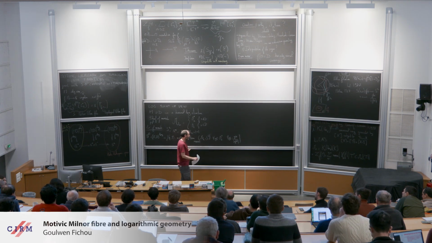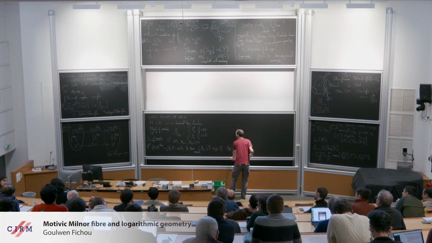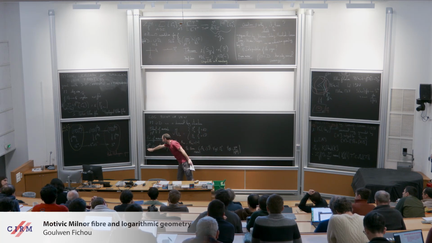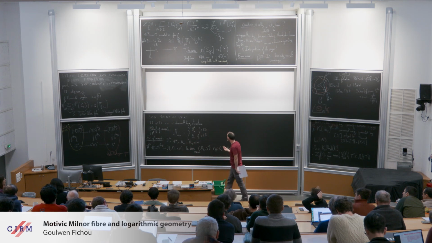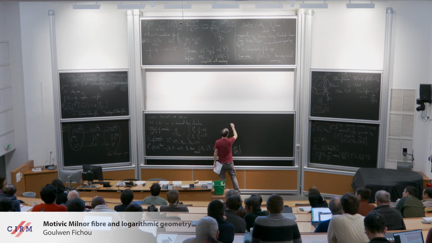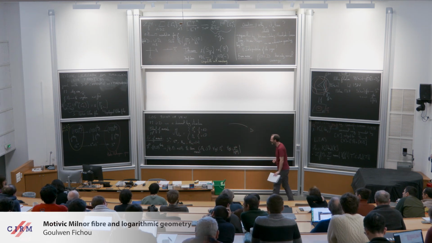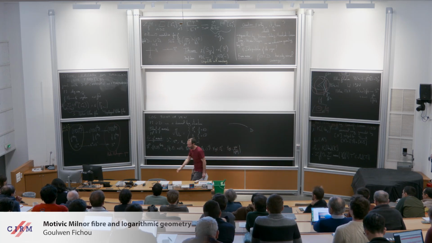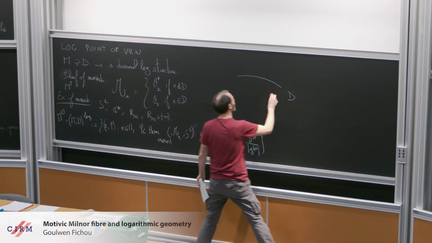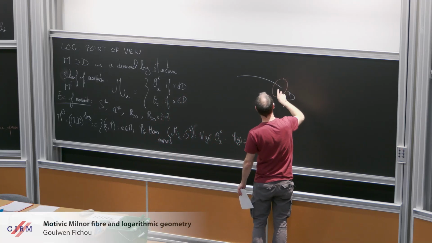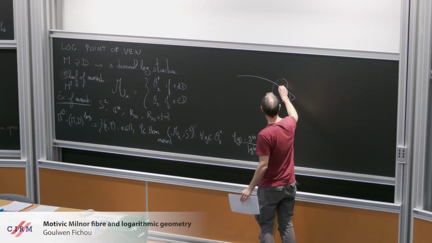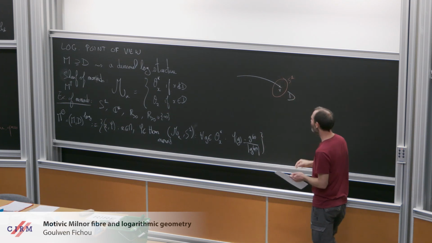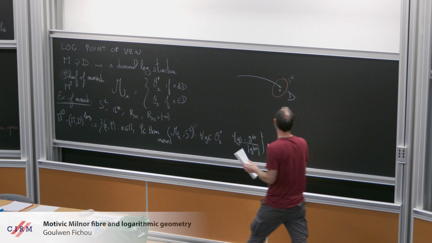So maybe to make a drawing, just to summarize this story. This space is essentially the same thing as M, at least outside the divisor, and inside the divisor, let me put div. So the divisor is no longer there, but you replace it by S1. So above one point in the divisor, let's say this is x, you have replaced this point by S1, and you do this along all points in the divisor.